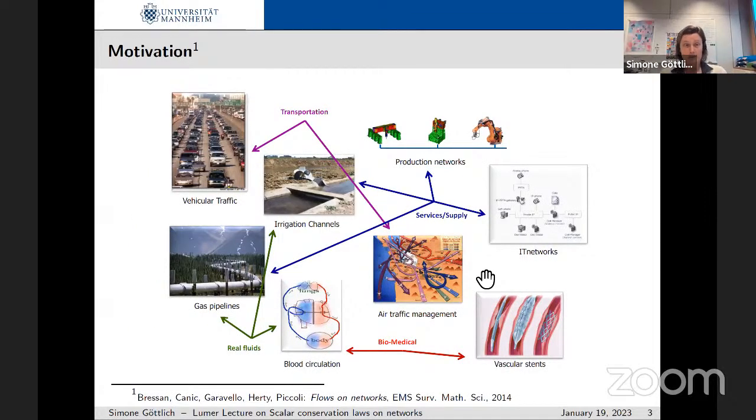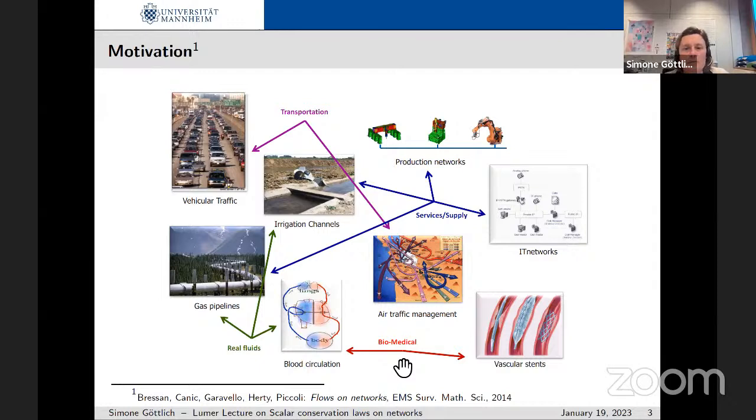Let's start with this kind of introduction or motivation you see on this first slide, a picture taken from this nice overview article by Bressan, Čanić, Garavello, Herty, and Piccoli, called Flows on Networks. This is actually the thing I'm going to discuss today. You see there are several categories of applications like transportation, services and supply, and biomedical applications.